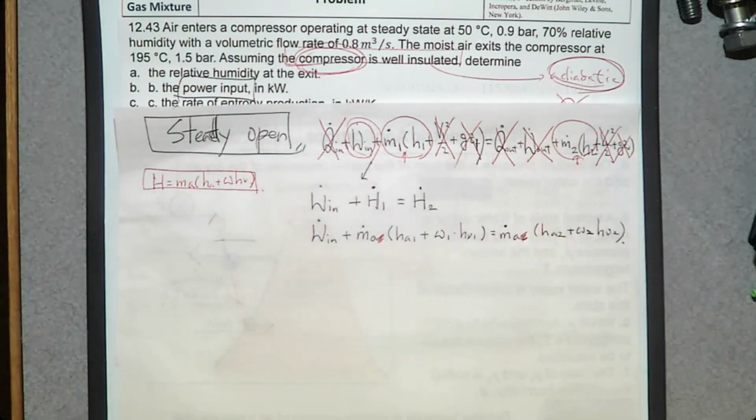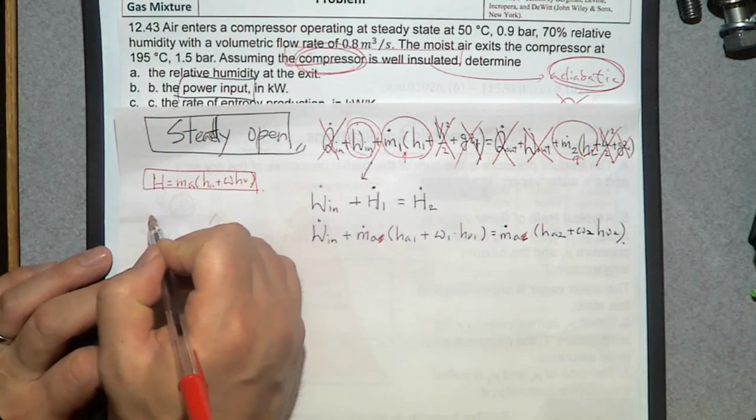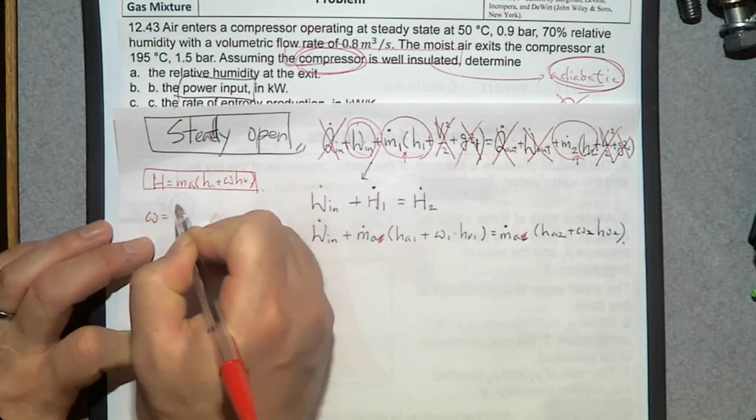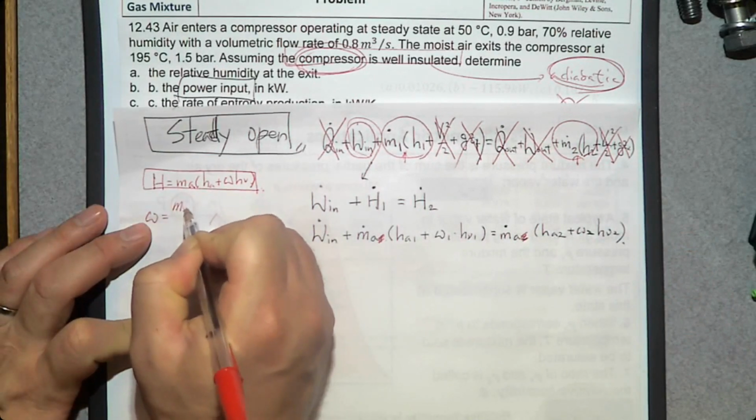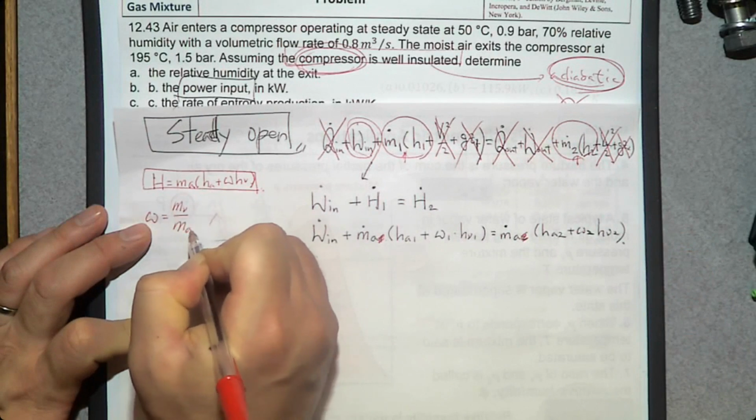There's only one m dot A. What about omega? Omega is the ratio between the mass of water vapor and the mass of dry air.